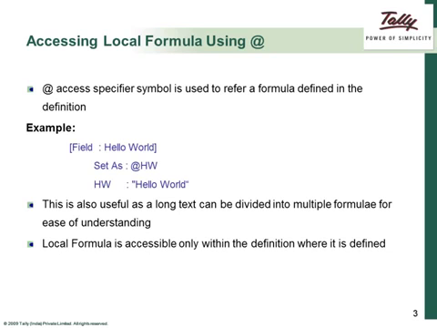It is any formula written within that particular definition. It can be used specifically when there is a text value that is very long and needs to be broken up into multiple local formulas, and that can be used for the output.